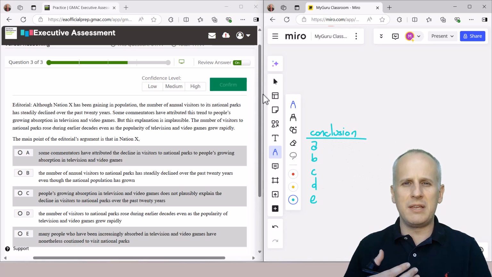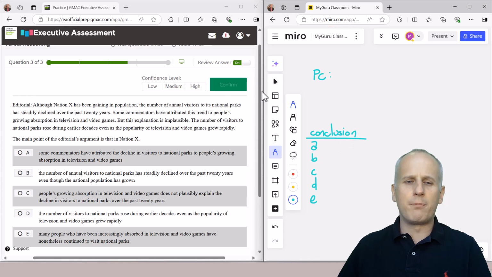And that's generally going to be an opinion or a recommendation that wouldn't stand on its own without additional evidence. So I'm going to just put PC here for predicted conclusion. And we're basically going to go through this editorial identifying facts, which we know cannot be the conclusion because they can stand on their own, versus opinions that might be the conclusion if they end up being what everything else in the paragraph is basically leading to.